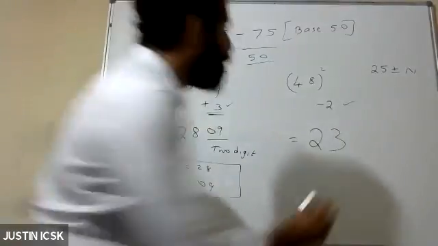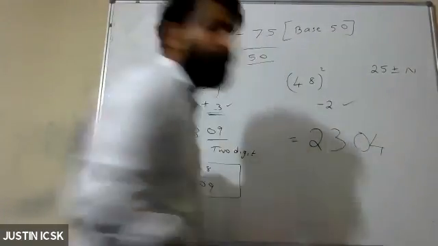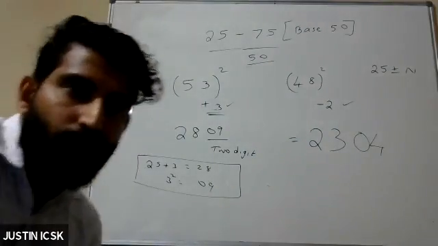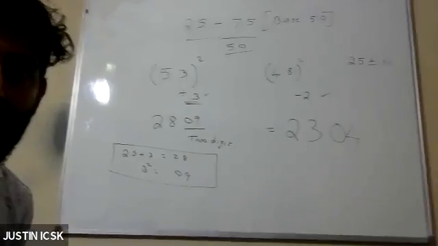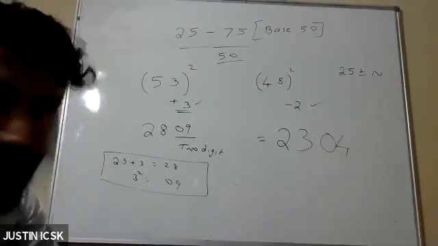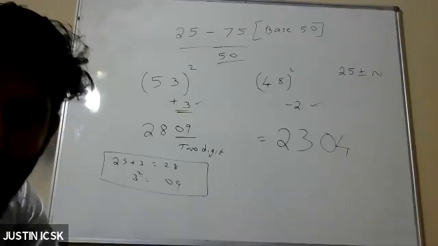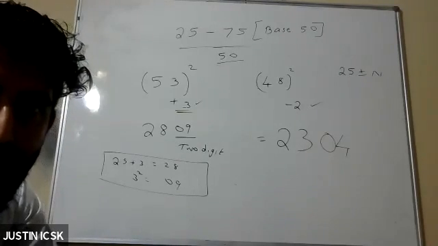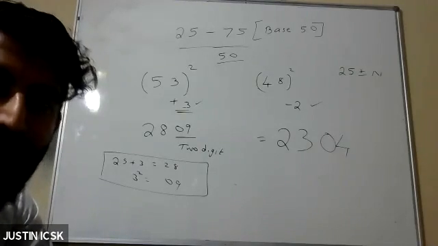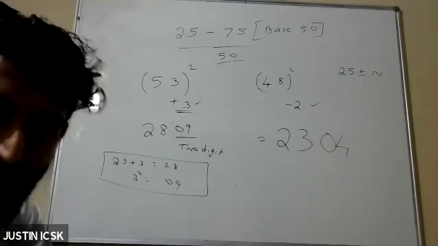You can write 04. So I hope the answer is clear: 2304. So only two things you should remember: how far it is from 50, then it is easy for you.